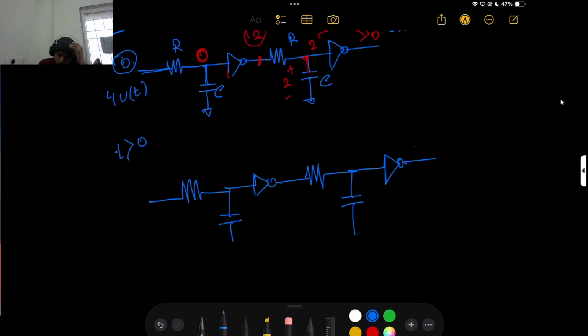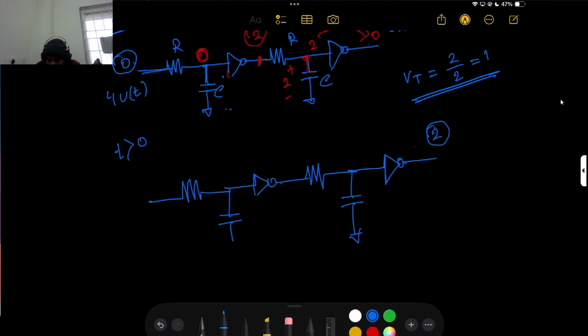What is my output at T less than 0? Basically this part is 0. The threshold VT is 2 volt by 2, that is 1 volt. So here I need 2 volt. How do we get 2 volt?